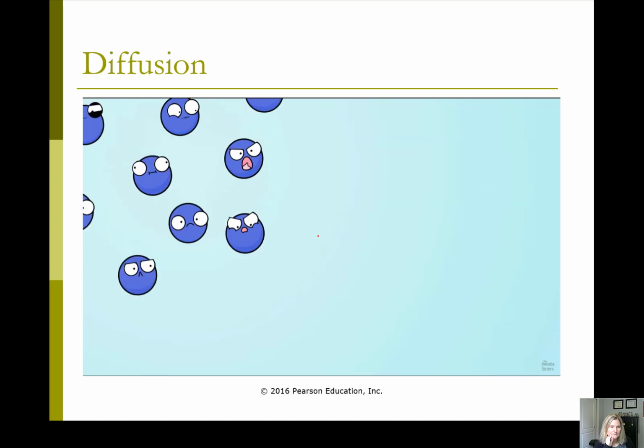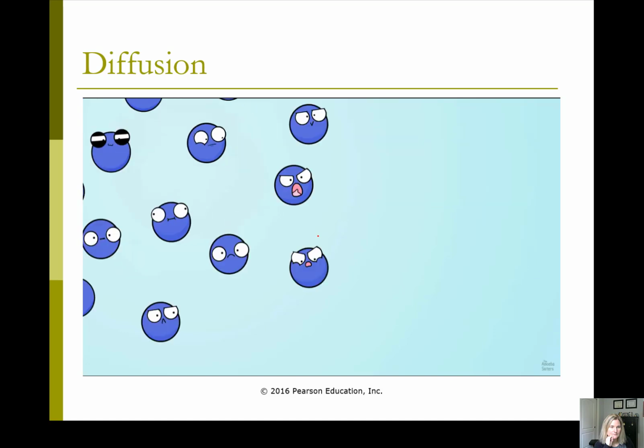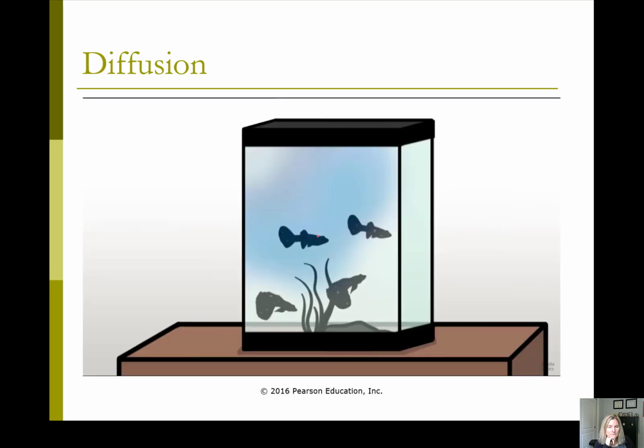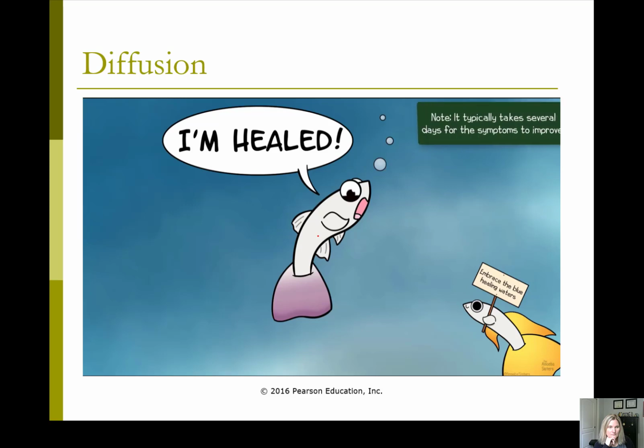The molecules traveled in the water through diffusion. The high concentration of molecules, which is where they were dropped, spread to areas of low concentration in the water. Pretty soon, the water had a uniformly blue appearance as the molecules eventually are evenly dispersed. This was very important for treating my fish because the treatment reached all of them and they soon got better.